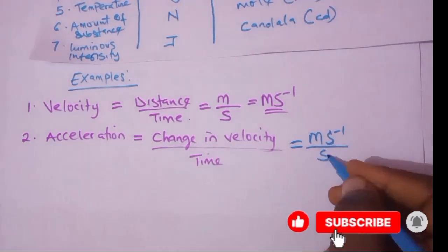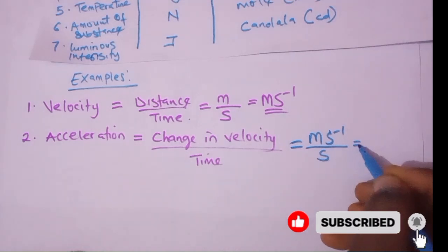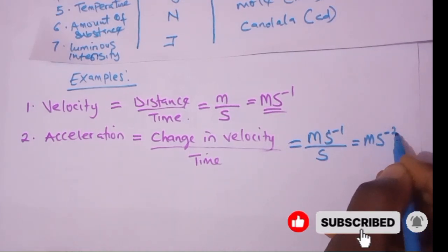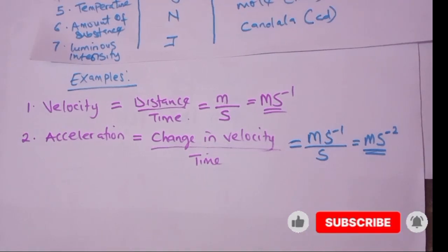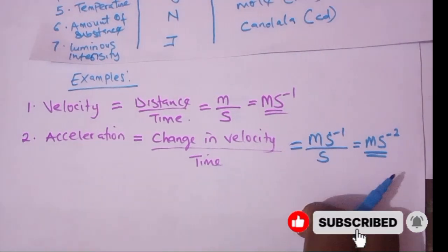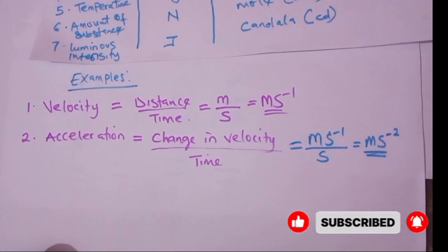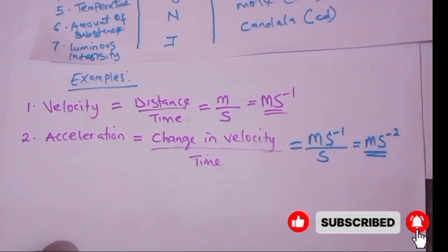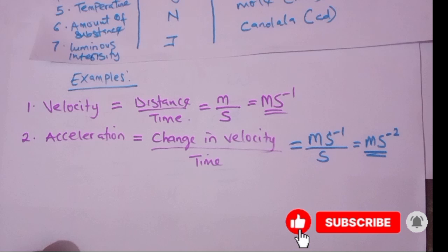That is S, that is second. Mathematically we have meter per second square, and this is our SI unit for acceleration. So you can also say that acceleration is derived from length and time.